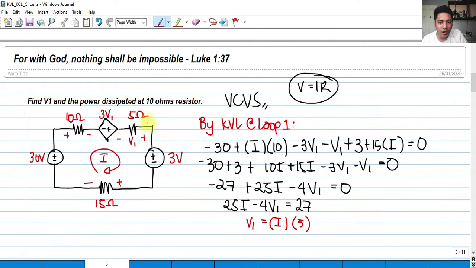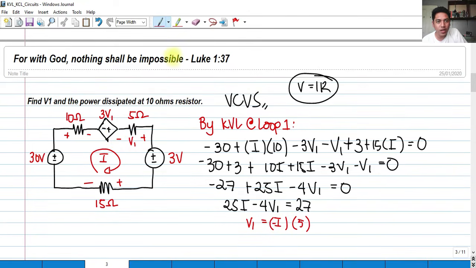Of course, we have to consider where the current enters. So the current enters at the negative. So the current here should be negative because it opposes the flow of current. So this should be positive, this should be negative. But since the given is negative positive, we should have a negative sign here. Because again, the current enters on the negative sign.